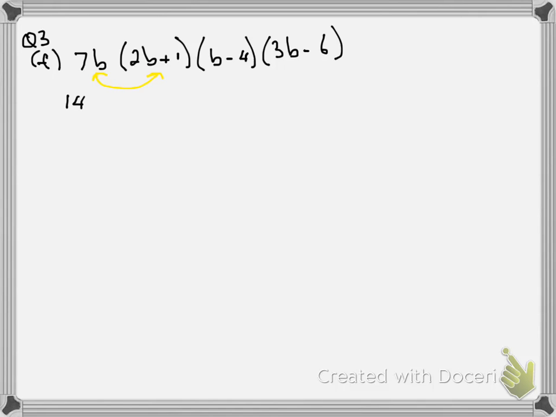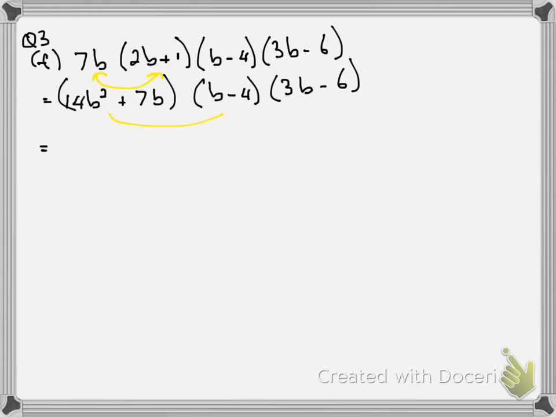So that's 14b squared plus 7b. Put that in brackets, and now just rewrite the rest of it. Remember, don't try and do it all in one go. Next step, these two are going to go together.